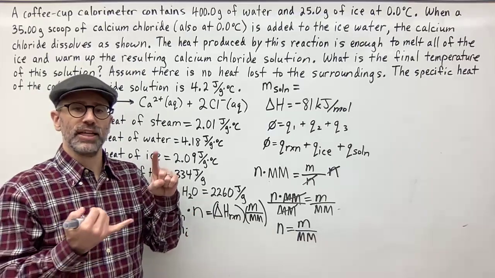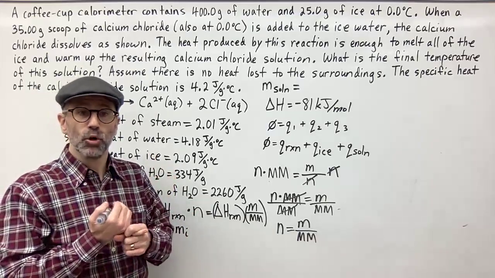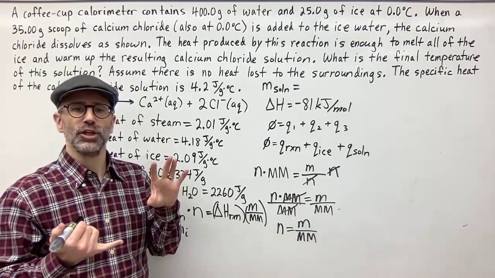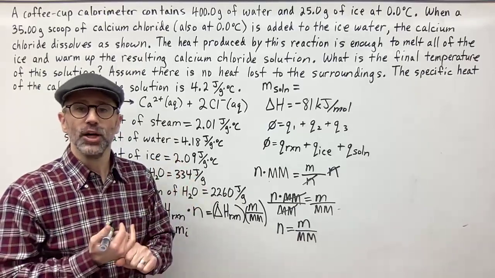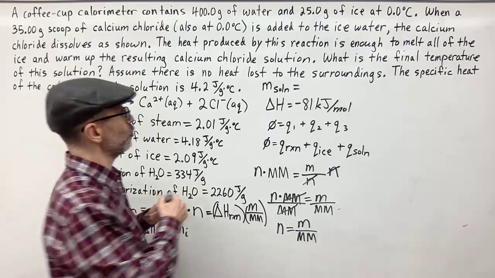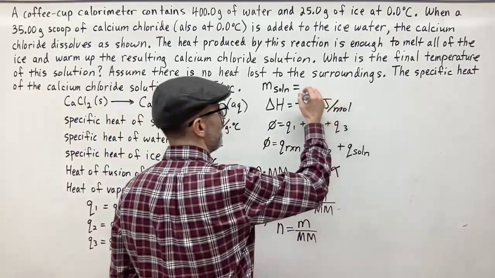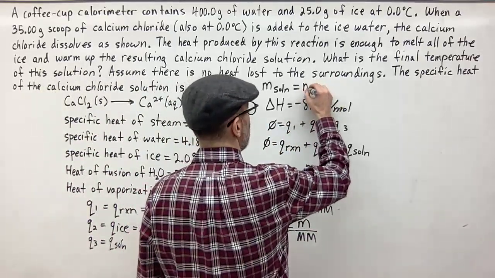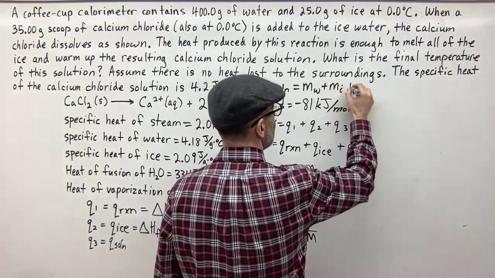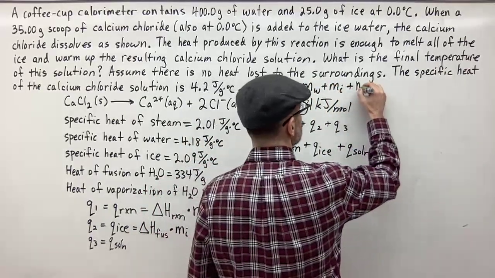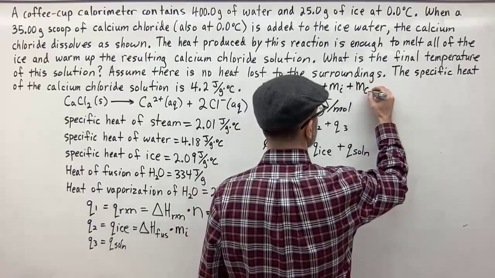It's a mixture of the scoop of the calcium chloride that I added. It's a mixture of the 400 grams of water and the 20 grams of ice. So the solution mass is going to be the mass of all those together. So it's the mass of the water plus the mass of the ice plus the mass of the calcium chloride.